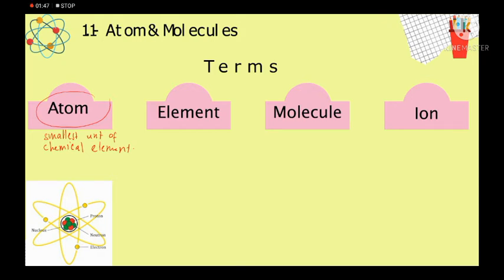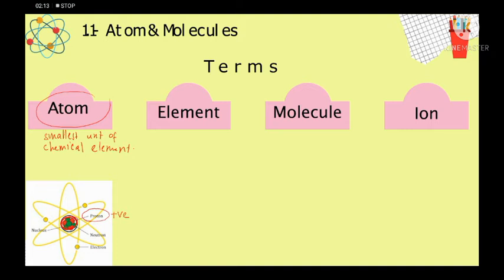The basic structure of an atom consists of three subatomic particles. The first one is proton, located inside the nucleus. This is the nucleus. Inside the nucleus, we have proton, and proton is positively charged.